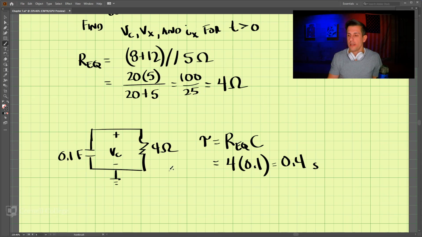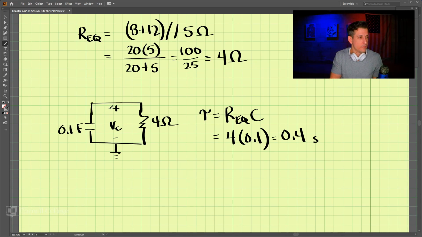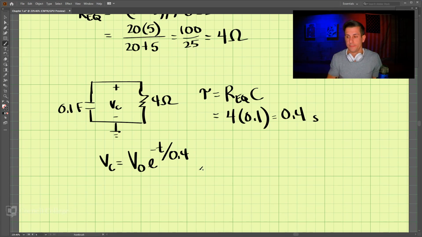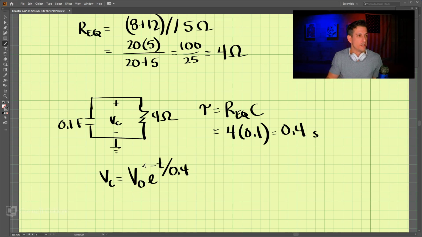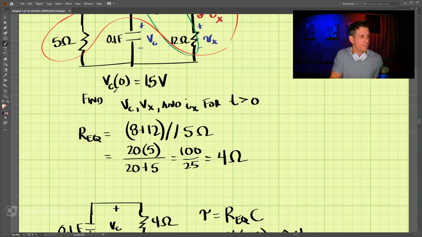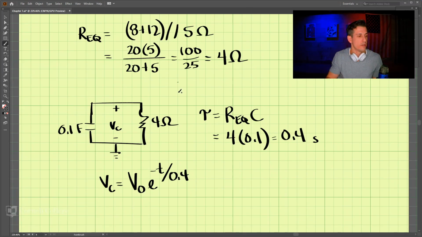Plugging that into the equation, since we know that this is the voltage Vc, Vc is equal to V naught e to the negative t divided by RC, which is tau, 0.4. And we also know our original voltage, which is given in the problem here, 15 volts.